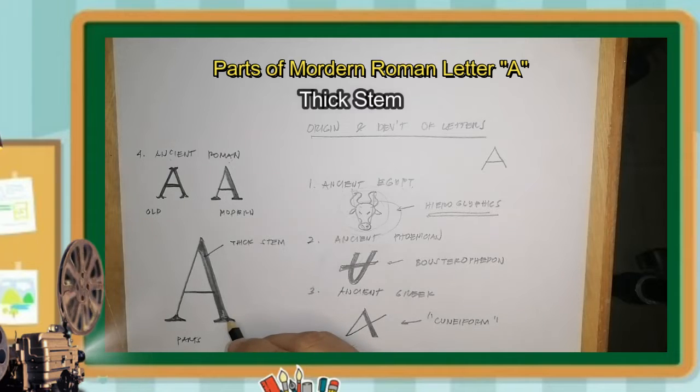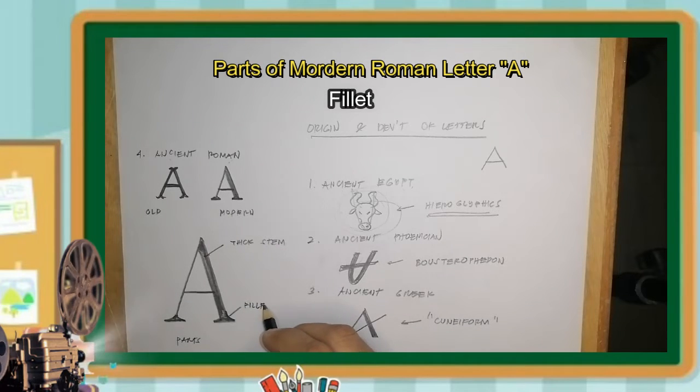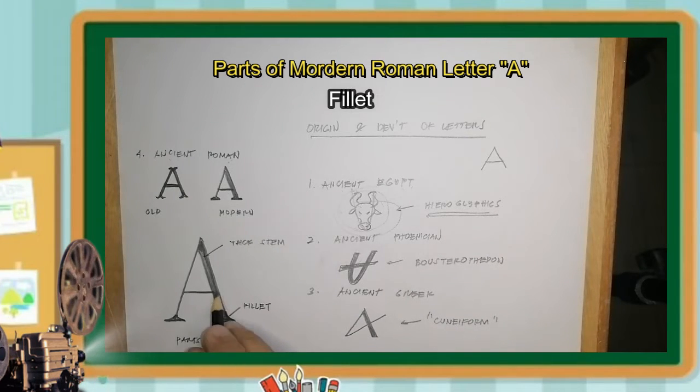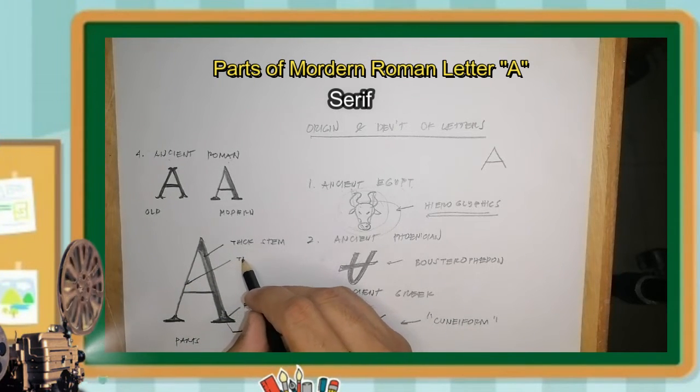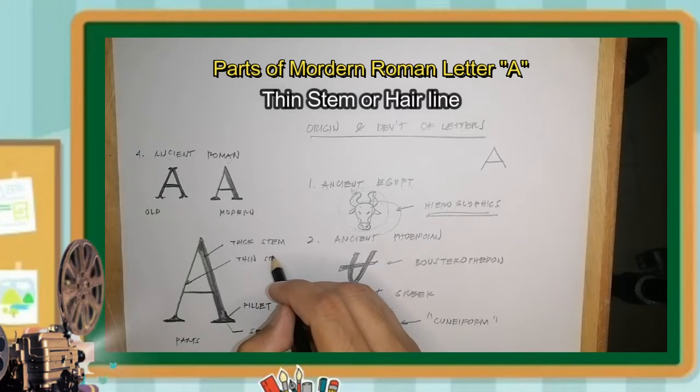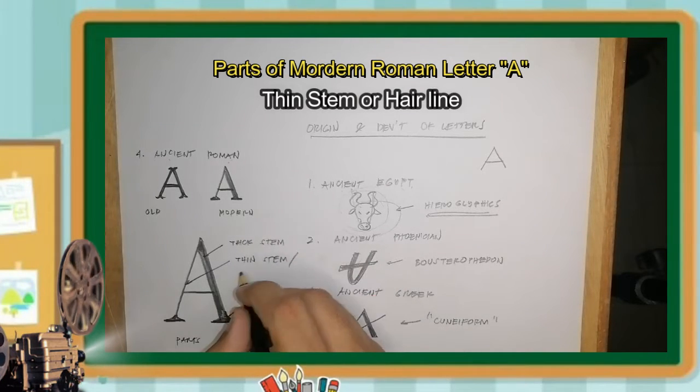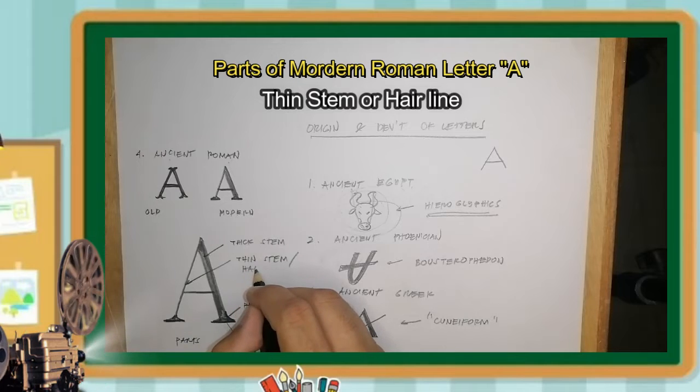Ito naman yung pabilog na to, ito yung curved shape dito, this is what we call the fillet. And then the line here which connects the fillet towards the thick stem is what we call the serif. And then ito namang manipis na line nya is what we call the thin stem, or also known as the hairline.